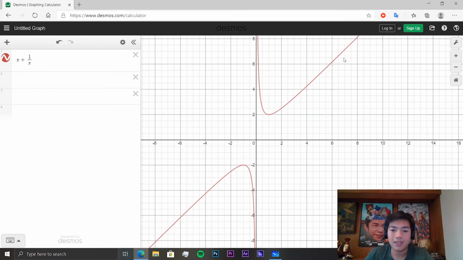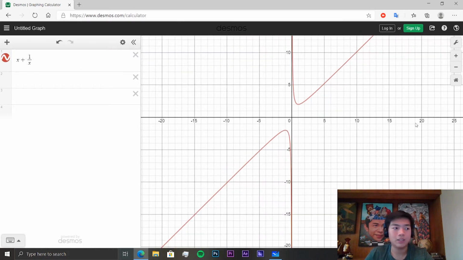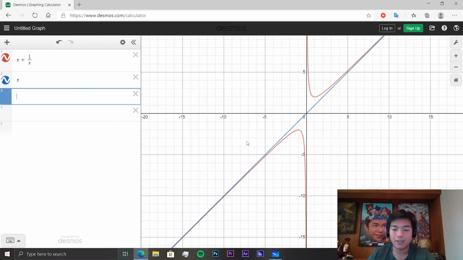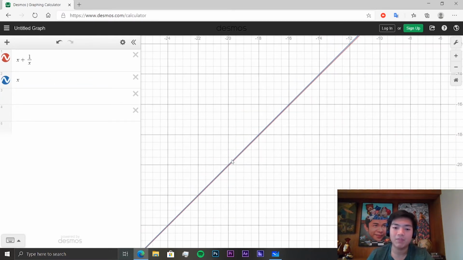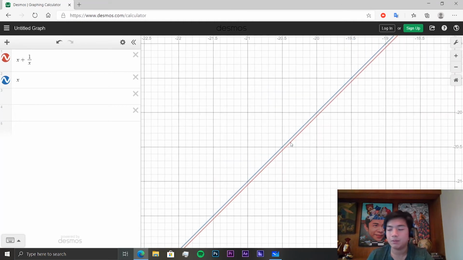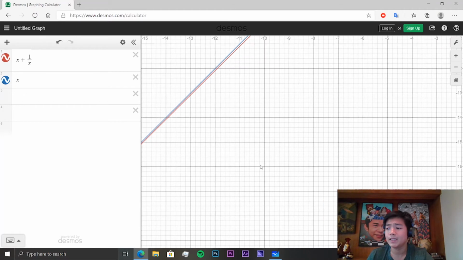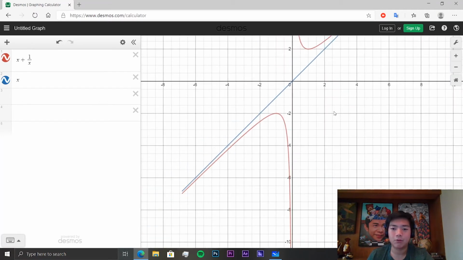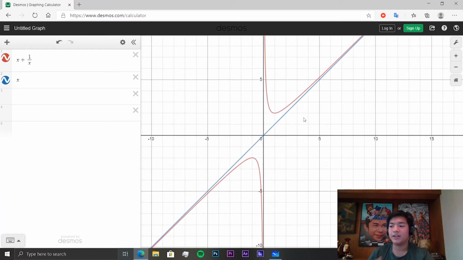We have some sort of asymptote here that's neither a horizontal line nor a vertical line. It's a slanted line with the equation y equals x. So as you can see, this red line tends towards this blue line, but can never actually reach it. There's a gap between the two. And this kind of asymptote that's neither horizontal nor vertical is called an oblique asymptote or a slant asymptote.